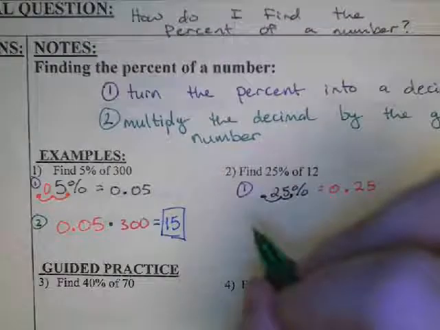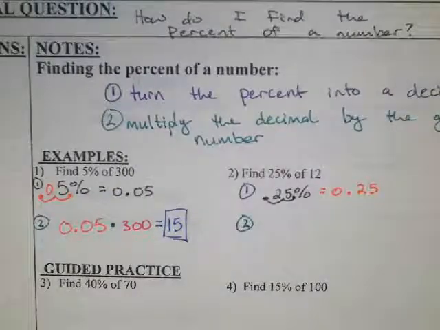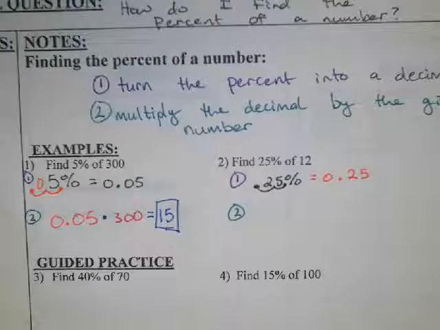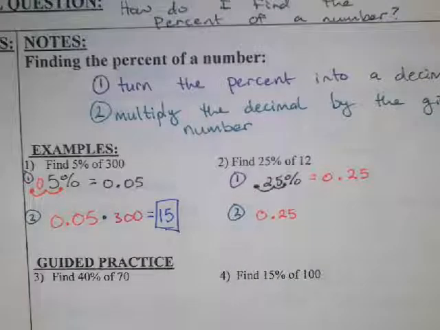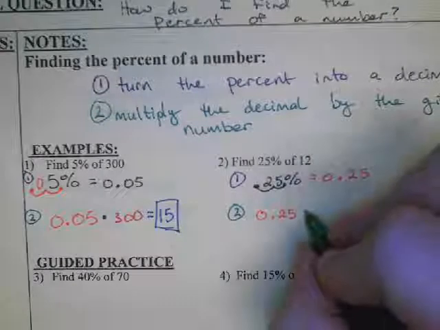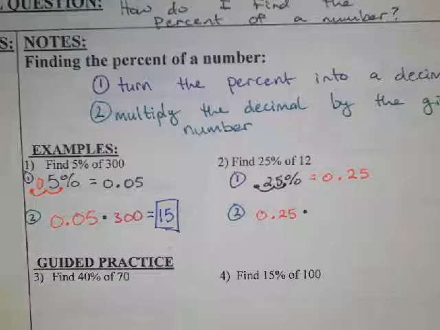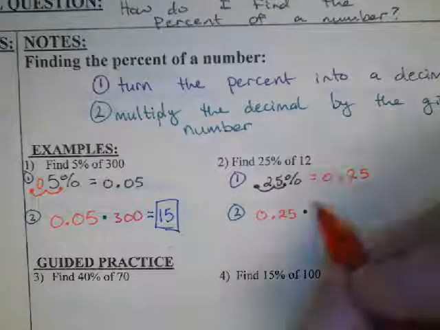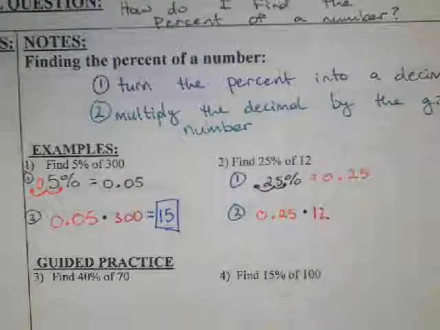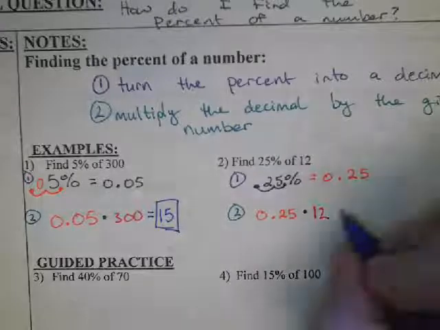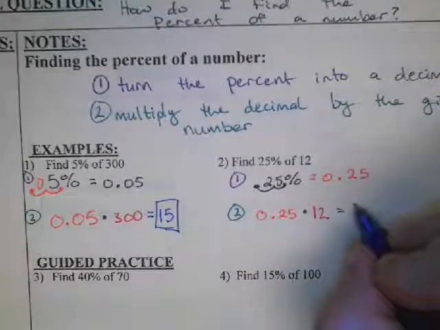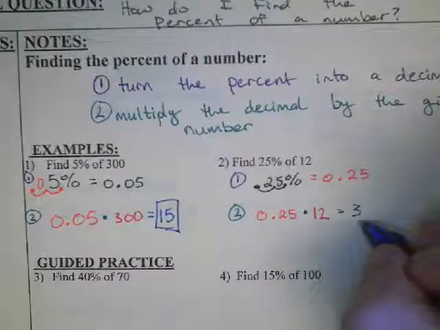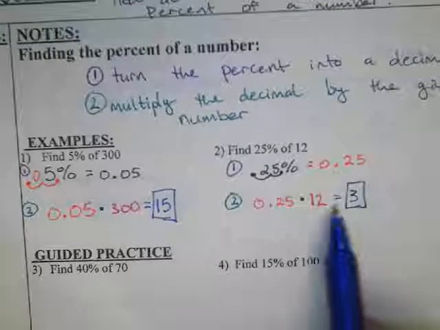And then step 2, we'll take our new decimal, 0.25, and we'll multiply that by our given number, which is 12, 25% of 12. And then we'll find that that is equal to, using our calculator, 3. And that's our answer. 25% of 12 is 3.